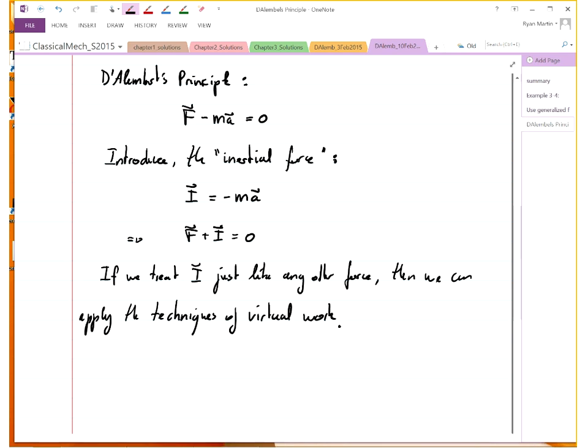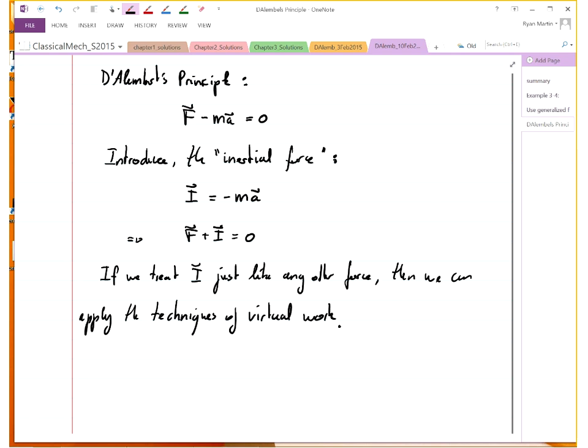So if we consider I as just another force, then the sum of the forces is equal to 0. Then it's just like saying Newton's law, but for static equilibrium. So if we hide the fact that there's an acceleration inside of I, and we consider I just as a force, then we've effectively written Newton's second law as saying the sum of the forces is equal to 0, as long as you consider this inertial force.